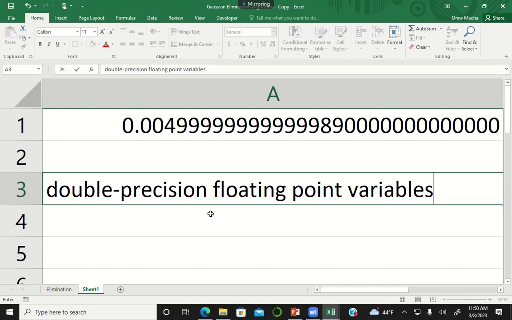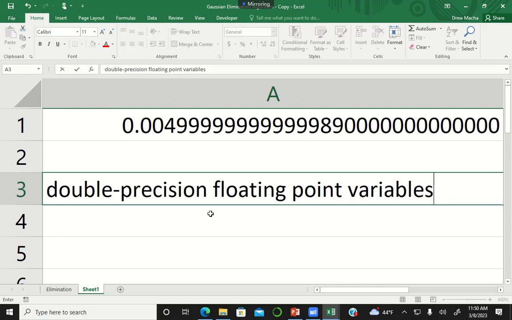The answer is you can only have a certain precision with the numbers that you have. There's only a finite number of numbers you could store with a finite number of bits. So you can store a whole lot of numbers, but the number 0.005 does not belong to the set of numbers you can represent using this scheme of storing numbers in computer memory.